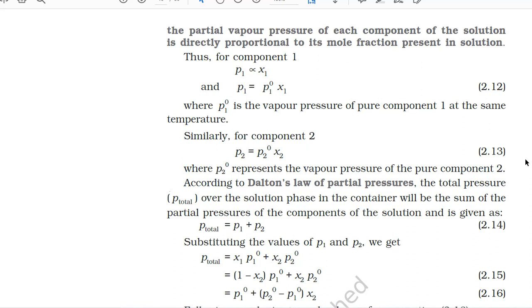According to Dalton's law of partial pressures, the total pressure (P total) over the solution phase in the container will be the sum of the partial pressures of the components of the solution and is given as P total equals P1 plus P2.